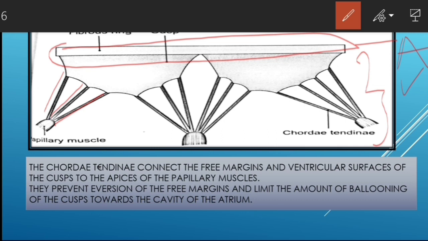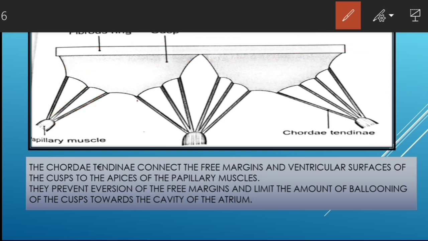The valve is closed during ventricular systole, that is contraction, by opposition of the atrial surface near the serrated margin, right? The chordae tendineae connect the free margin and ventricular surface of the cusp, and the apex is attached to the papillary muscle. This is the papillary muscle.